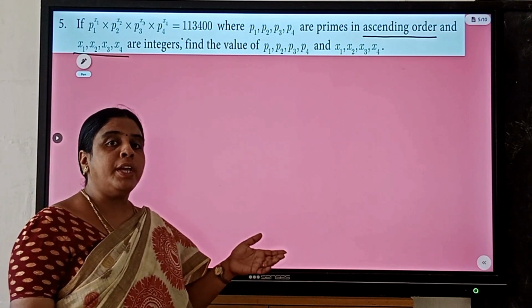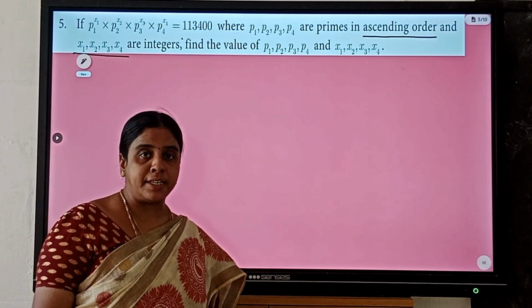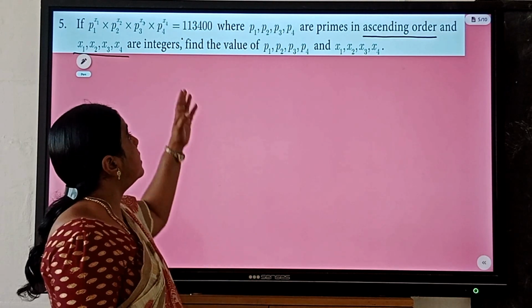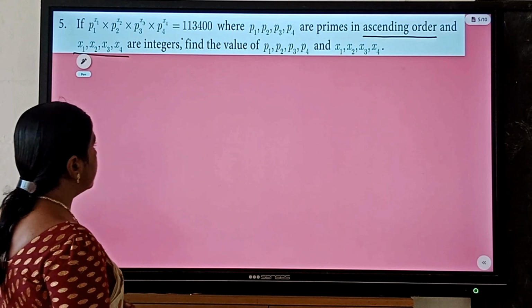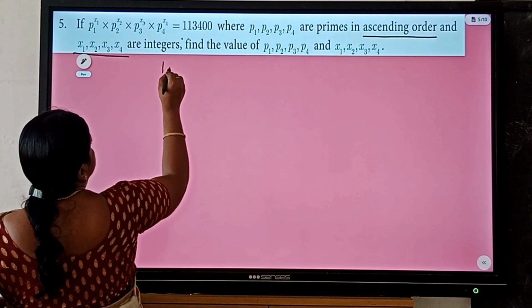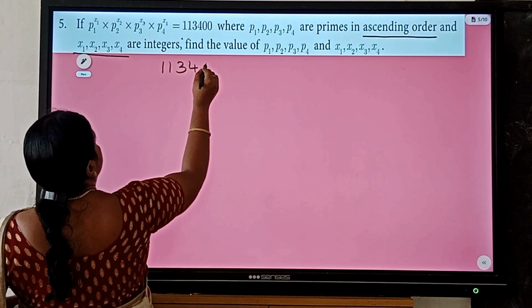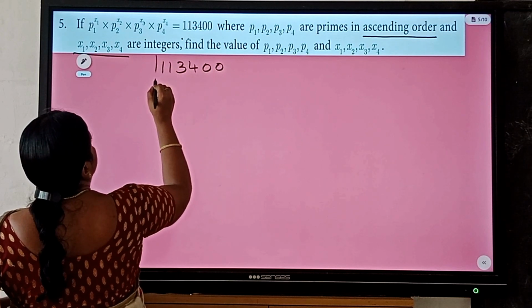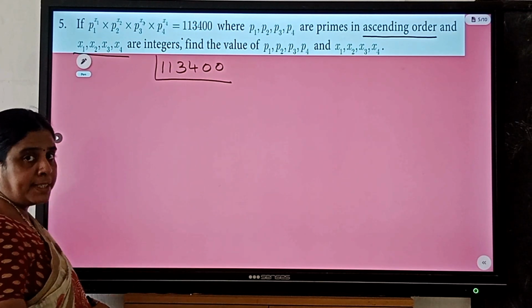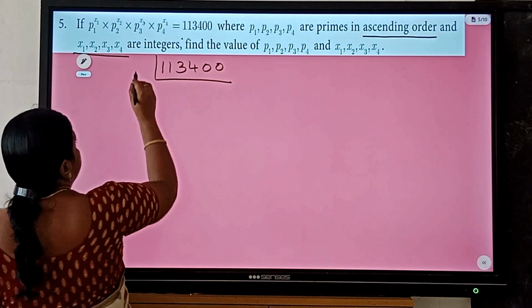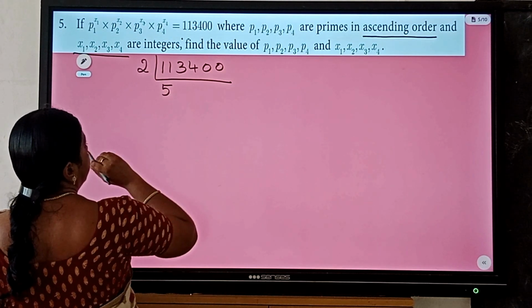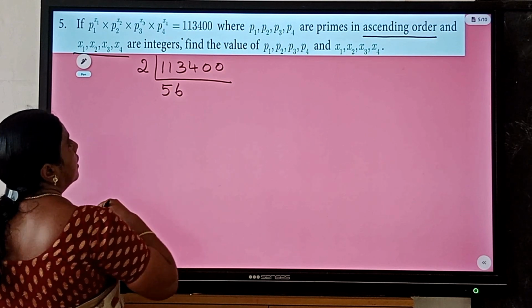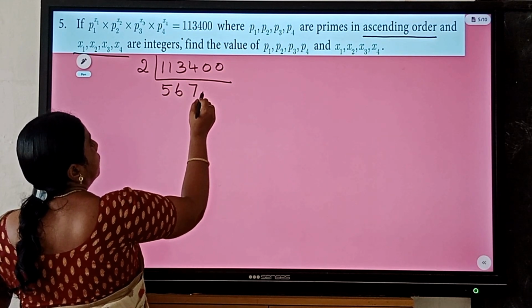The same way we have to do prime factorization, that is dividing this number using the prime numbers, so we can write the factors. Through prime factorization, starting with prime number 2: 2 5s are 10, 2 6s are 12, 2 7s are 14.